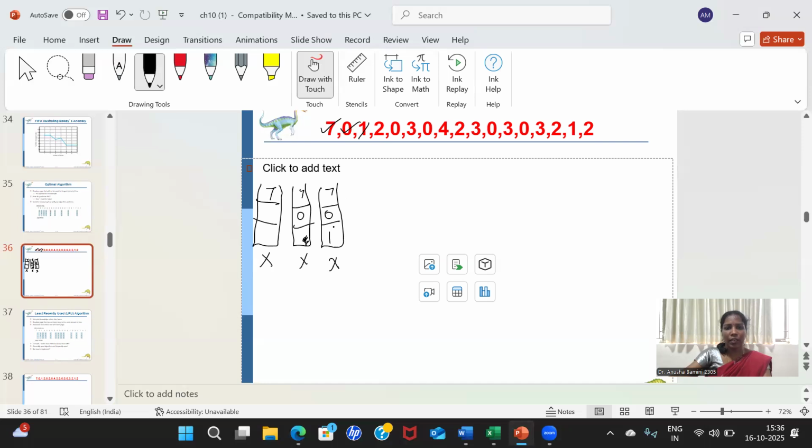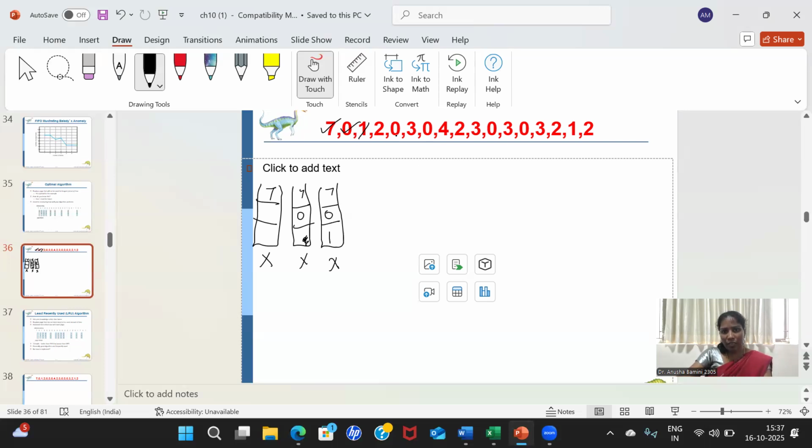Next is 2. I'm checking here. 2 is not available, so I need to replace one of the frames. My concept is to check which will not occur for the longest period of time. What are the frames already here? 7, 0, 1. After 2, you check the remaining. I need to check whether 7, 0 and 1 will occur soon or take a long time.